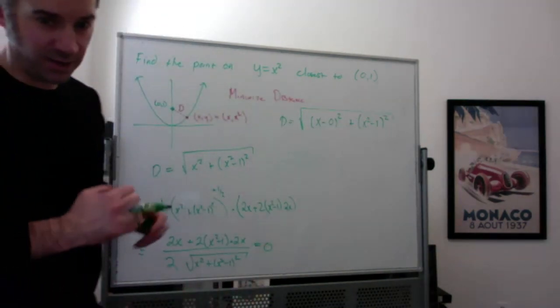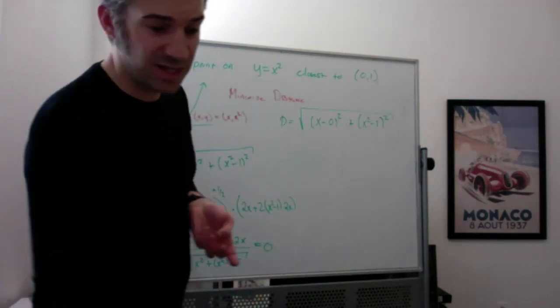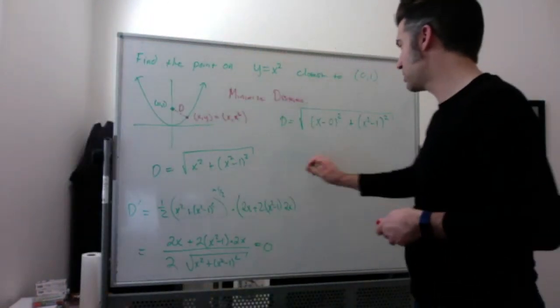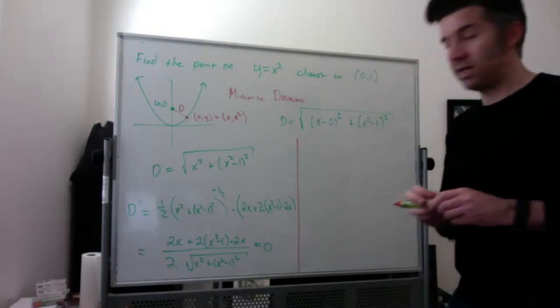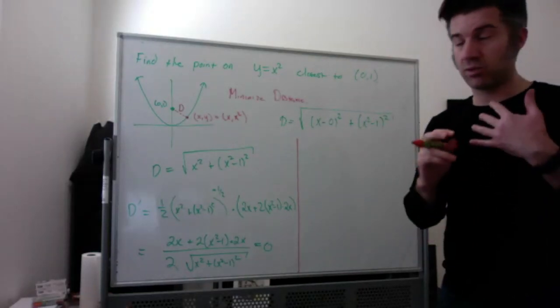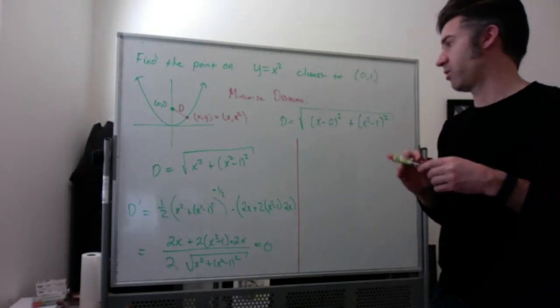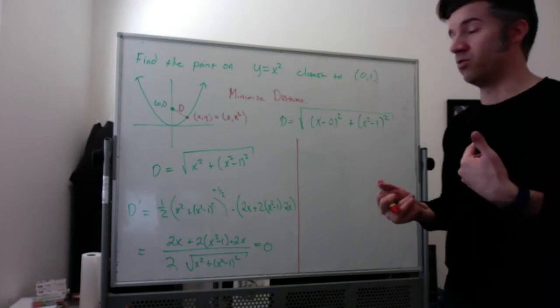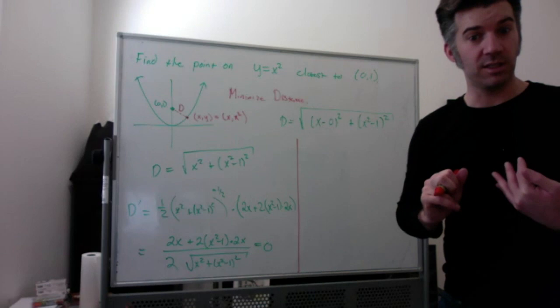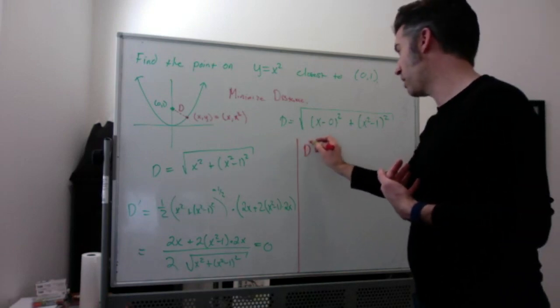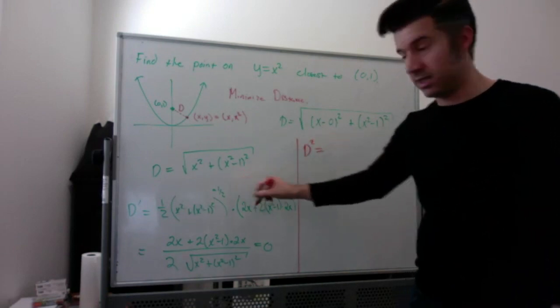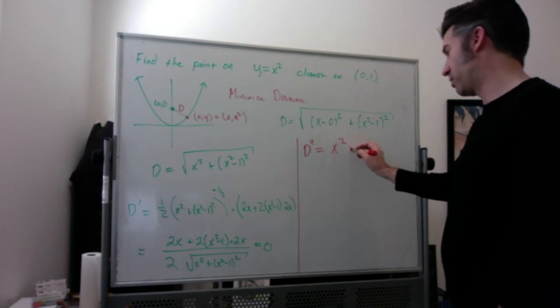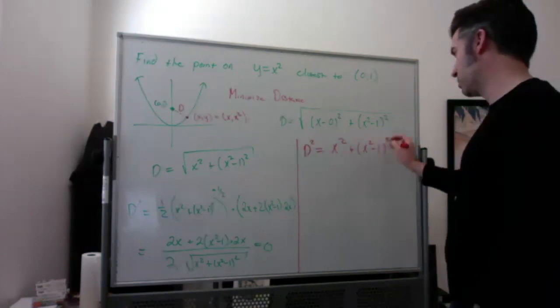But I want to point out, there is a thing we can do that's going to make this way easier. Instead of doing this, it is just as correct, it's equivalent to minimize the square of the distance. So the distance squared is equal to just the insides, which is x squared plus x squared minus 1 squared.